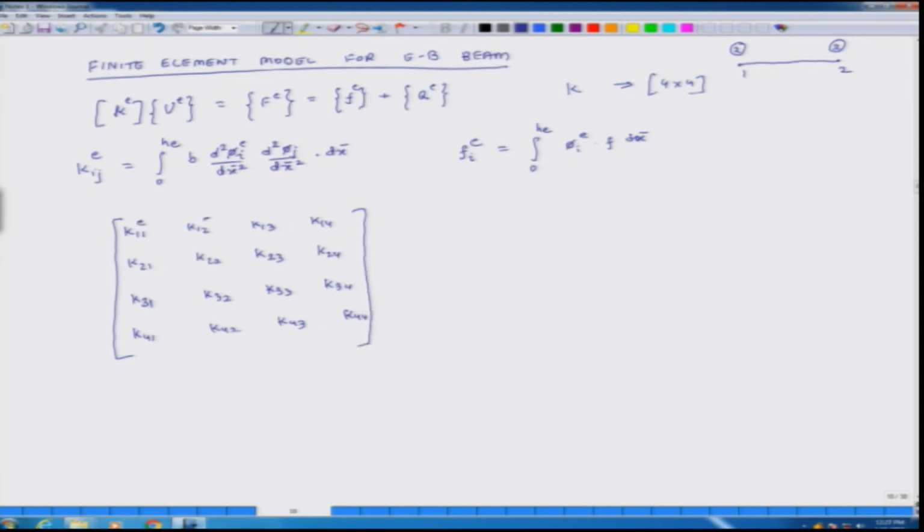So, this is my stiffness matrix for the eth element.